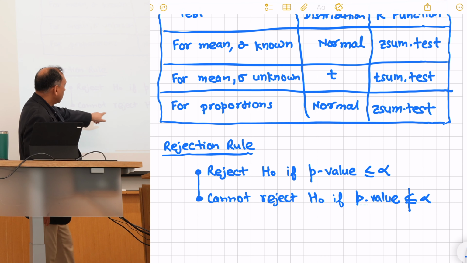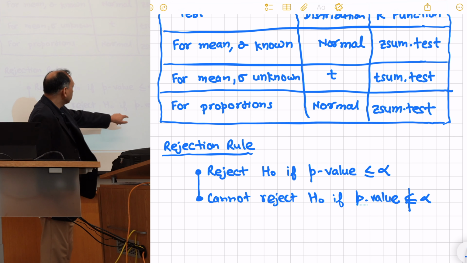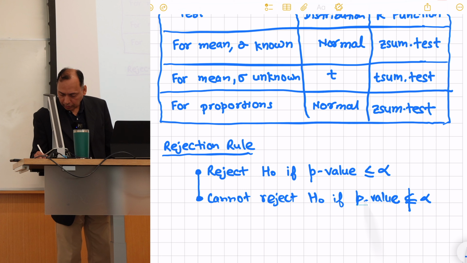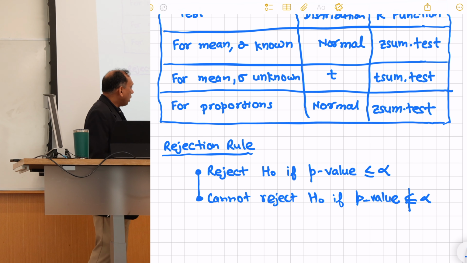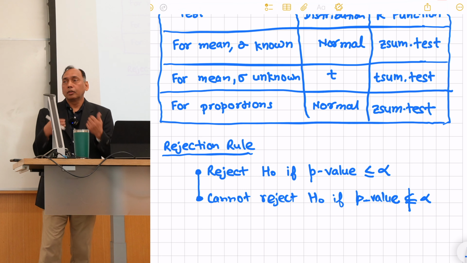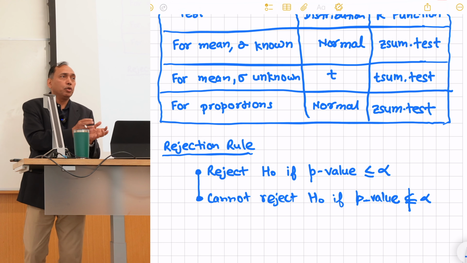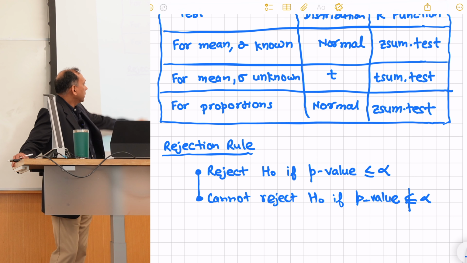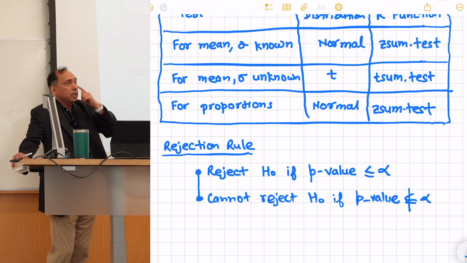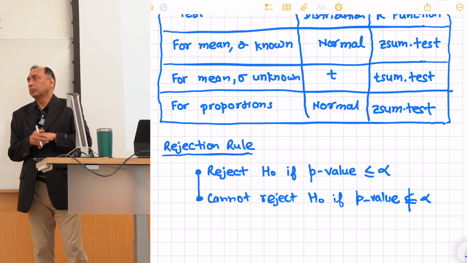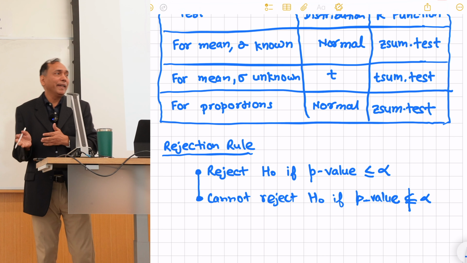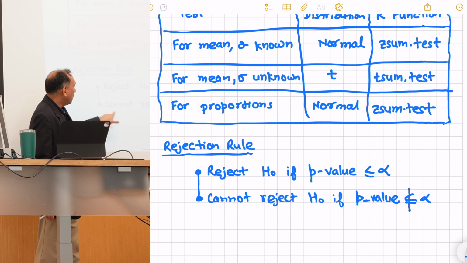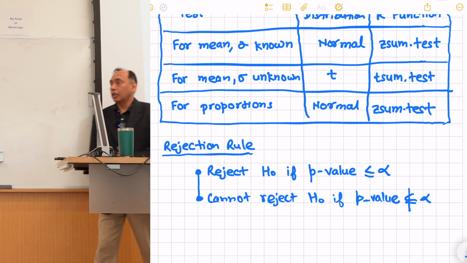So cannot reject the null hypothesis if the opposite of this holds, like your p-value is not less than or equal to alpha, you cannot reject. That means H0 is true. First one means HA is true, but in hypothesis testing, we always talk in terms of H0. We never talk about what we do with HA. That is by default. So either we reject H0 or we cannot reject H0. So there are only two situations.